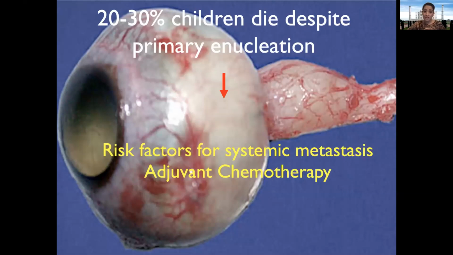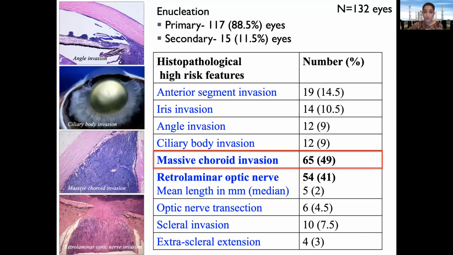The histopathological risk factors and their identification is very, very important, because they can have systemic micrometastasis and high risk of systemic metastasis even after enucleation. So systemic chemotherapy, in fact, again took care of it in the mode of adjuvant chemotherapy. So I'm going to take you to a slide here. We have very renowned pathologists here along with us, so I'm sure they all agree to this fact.